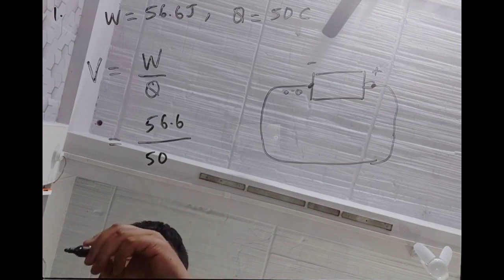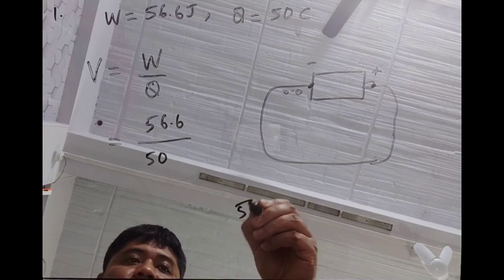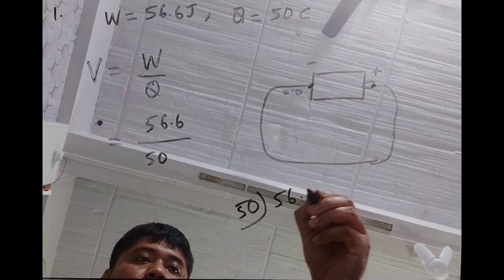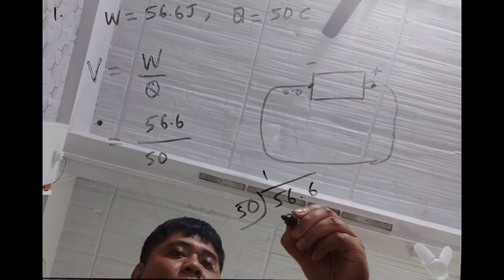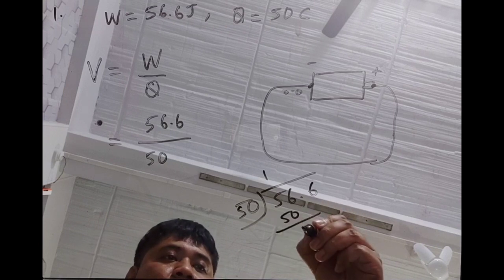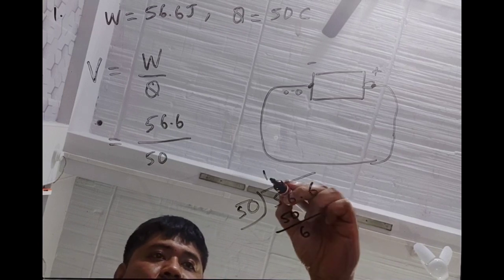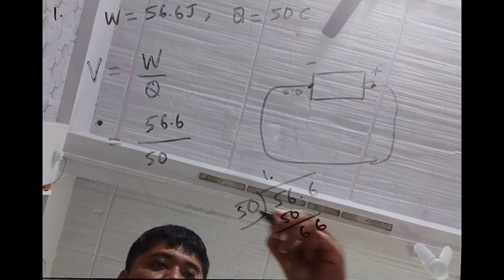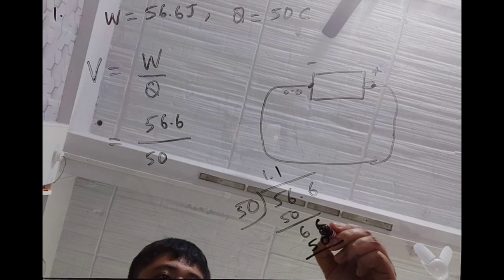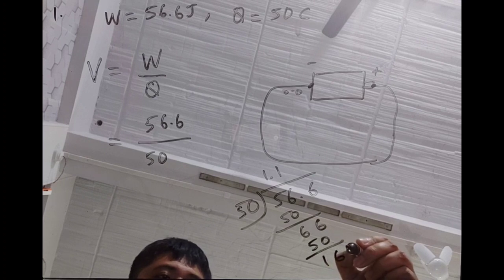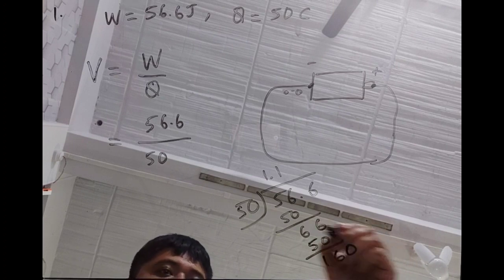Dividing this, 50 divides 56.6. 1 times 50 is 50, then 6.6, 6 minus 0 is 6, 6 minus 5 is 1, and 0.